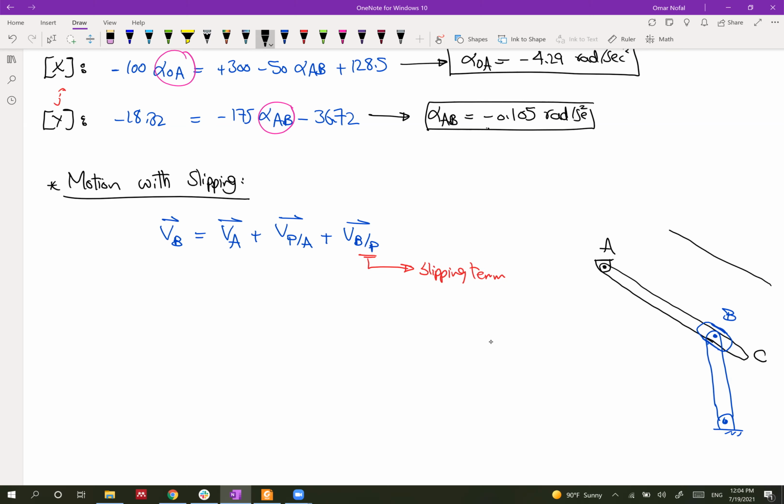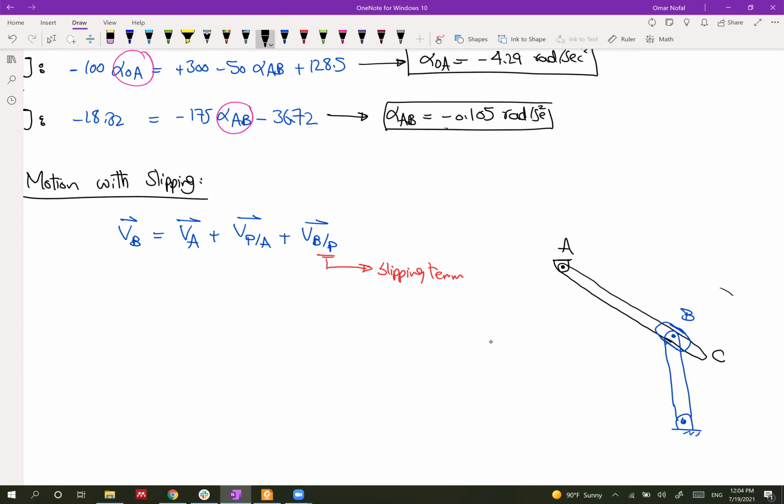out here, the point here is B, and there is a collar on the top of this point. It's called B, this collar.